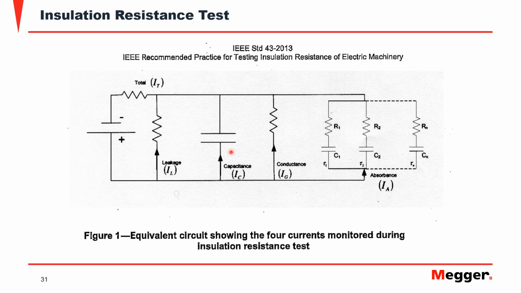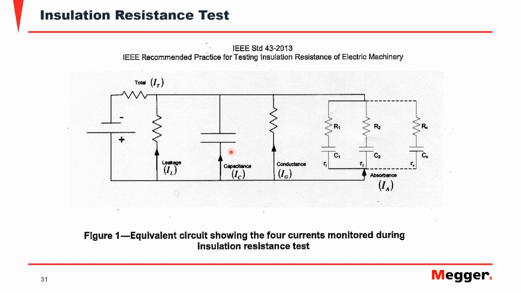You apply voltage to an insulator and you get a current, you measure the current, divide the voltage by the current, and you have your resistance. It seems simple, but in actuality, there are different phenomena going on at the same time when you inject voltage into an insulator, especially when you inject a high voltage into a very thick insulator like that of a machine or any electrical apparatus for that matter.